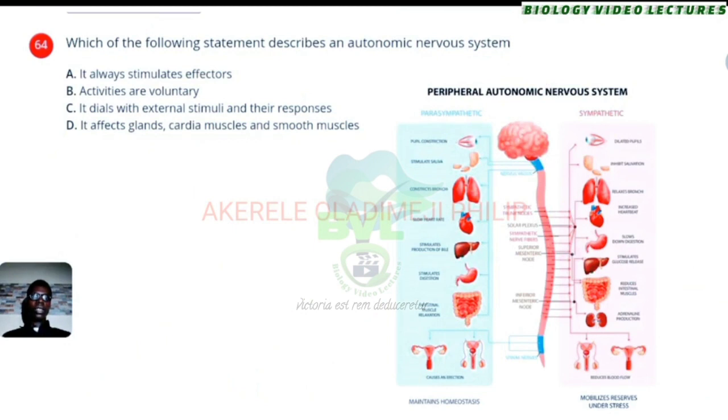Now, which of the following statements describes an autonomic nervous system? It always stimulates effector. Activities are voluntary, no. It deals with extreme stimuli and their responses. It affects glands, cardiac muscles, and smooth muscles. Well, the answer here is D. It always stimulates effector.